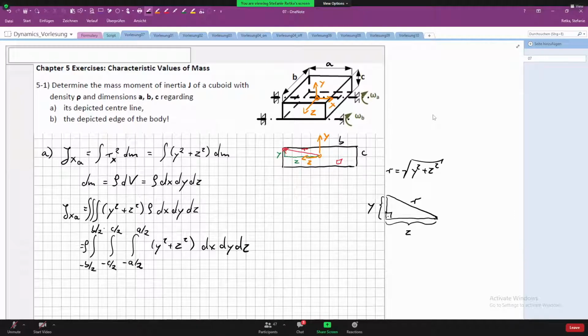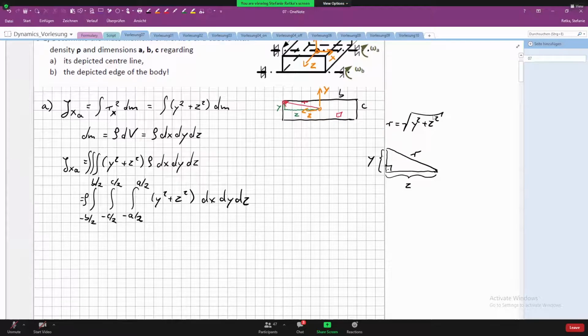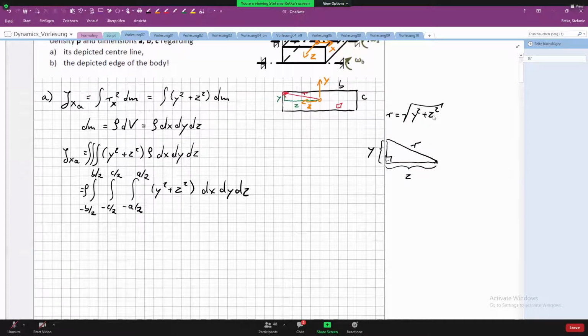Okay, now we have to solve this equation. We start with the integration over x, which is simple since the value inside of the integral is a constant.